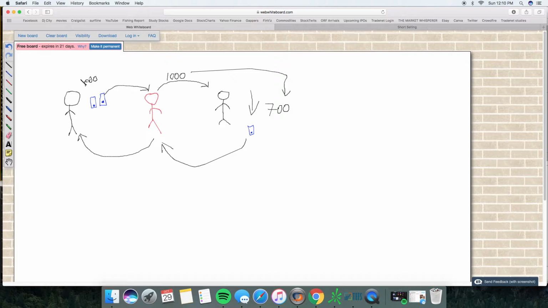So now you just profited $300 just from that sale because you knew that the price was going to be lower. So you just made $300 on just a short position. That's basically all you're doing is just shorting.